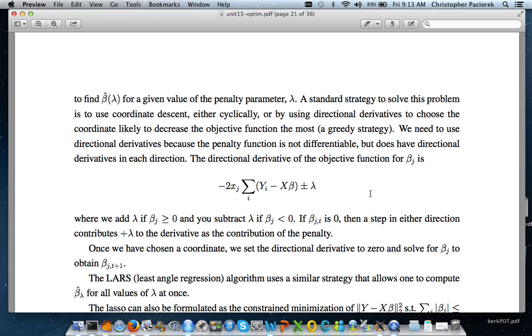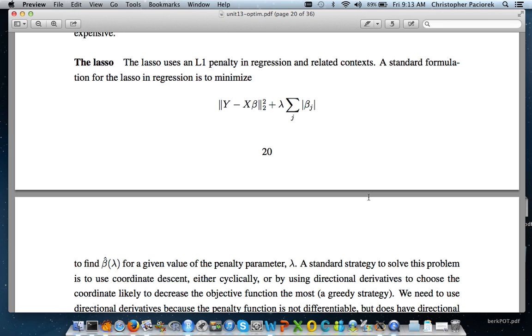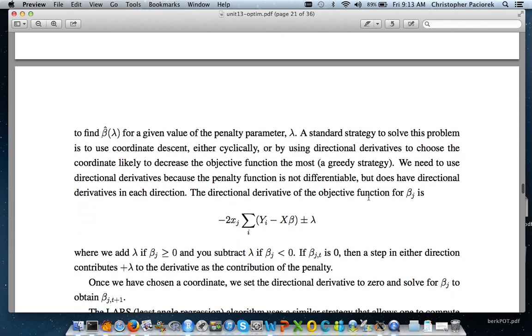This thing doesn't, in general, have a derivative because of the singularity here, because of the absolute value. But you can calculate directional derivatives, and you just need to be careful about dealing with the situation where the absolute value function comes to a point at 0.